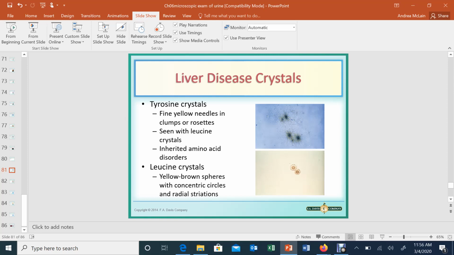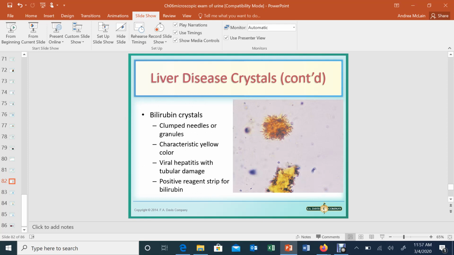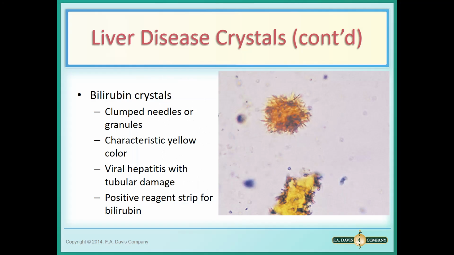I will try and get a better picture of that for you guys. But definitely it's on that illustration that I did for you in the upper right-hand corner. So tyrosine is there, the finest needles you can imagine. And then leucine goes with it. Two crystals consistent with liver disease.